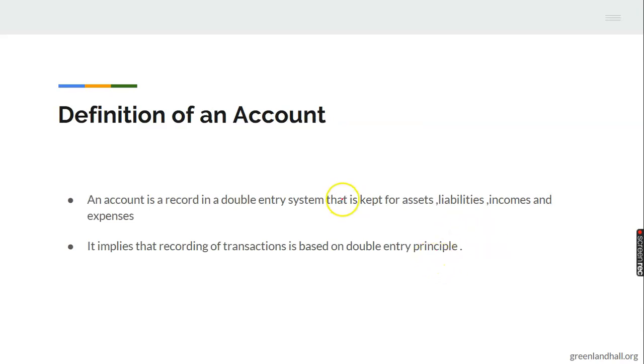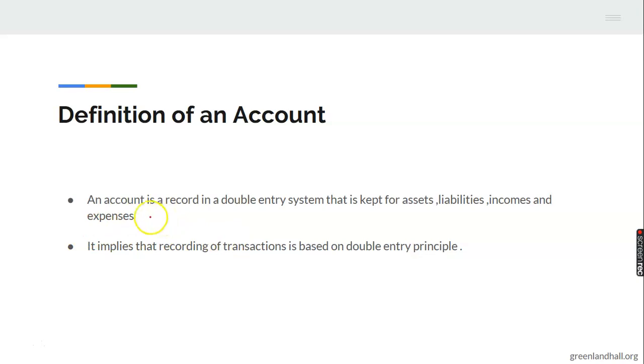What is the meaning of an account? We make use of this word from time to time. We are having an account maybe for a motor vehicle, an account for cash, an account for bank, and so on and so forth. An account is a record in a double entry system that is kept for assets, liabilities, incomes, and expenses of an organization.